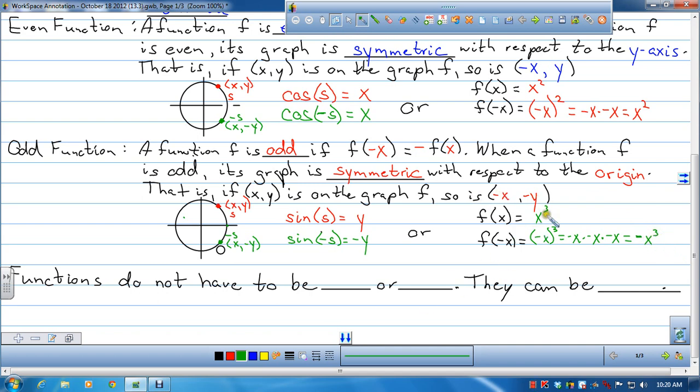That would be the opposite of what we get up here when we plugged in a positive value. Okay, so those are examples of odd functions. Cosine is even, sine is odd. Functions do not have to be even or odd. They can, in fact, be neither.